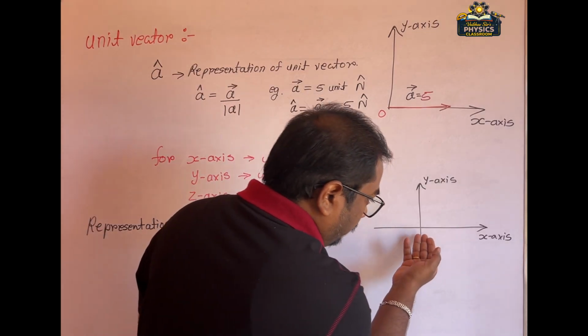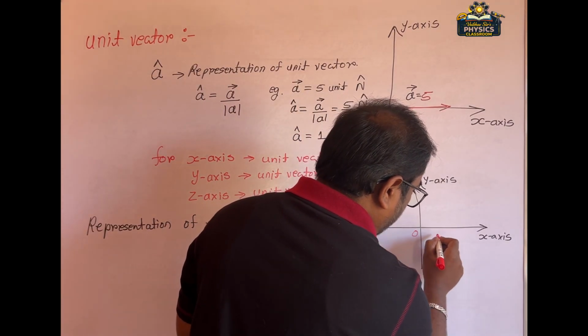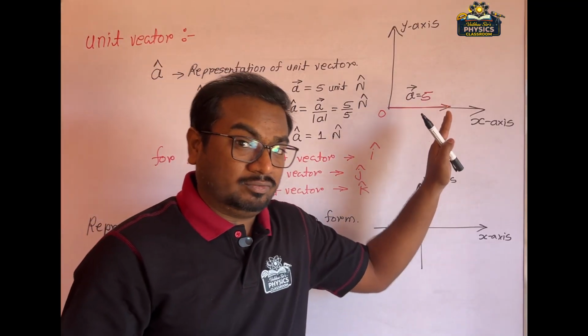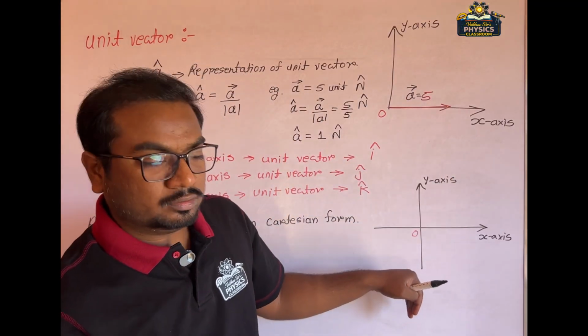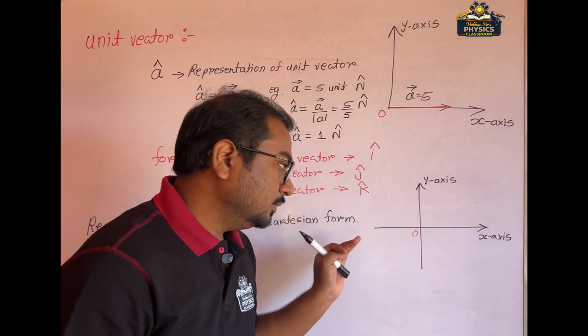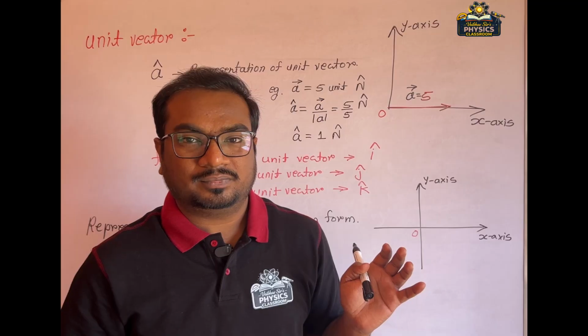Values from the origin on the right side are positive, upward on the y-axis is positive, downward is negative, and on the x-axis to the left is negative.